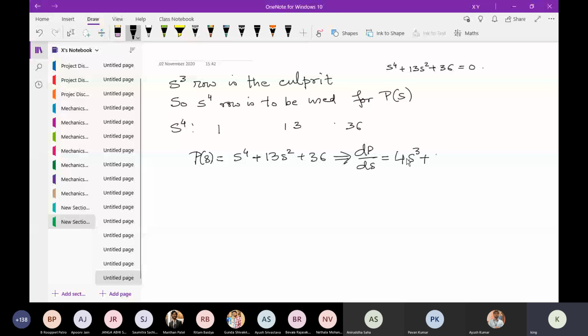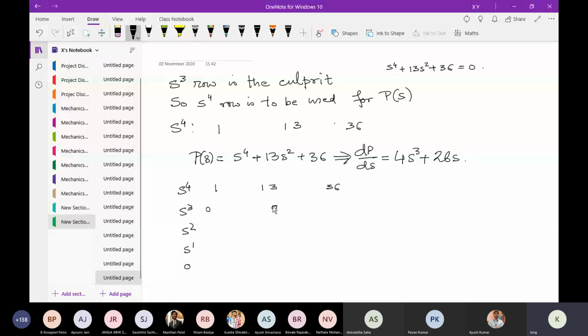S cube plus 26S. So we'll have the new array, which will now look like this.